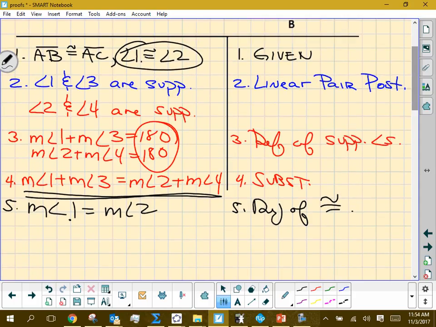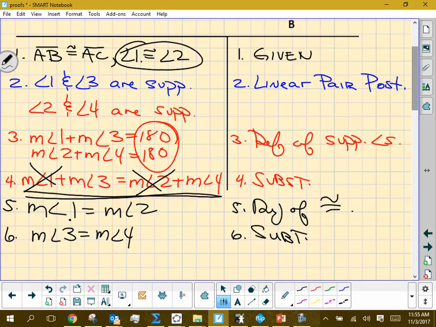We remove angle 1 there, and we remove angle 2 from there. What does that leave you with? Measure of angle 3 equals measure of angle 4. That is just subtraction. We removed those two things. So, subtraction.